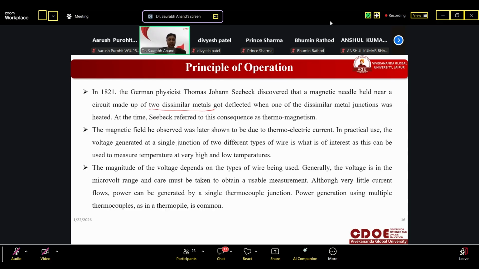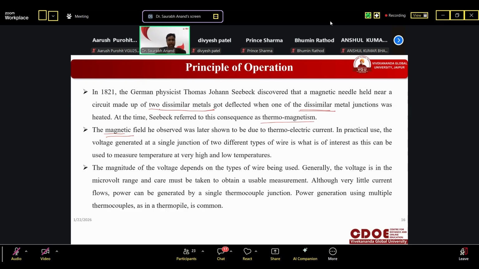It is actually making a magnetic field, because whenever we use dissimilar metals, there will be thermomagnetism, which means a magnetic field will be experienced.